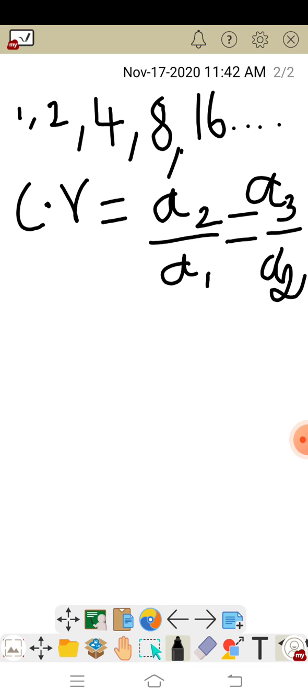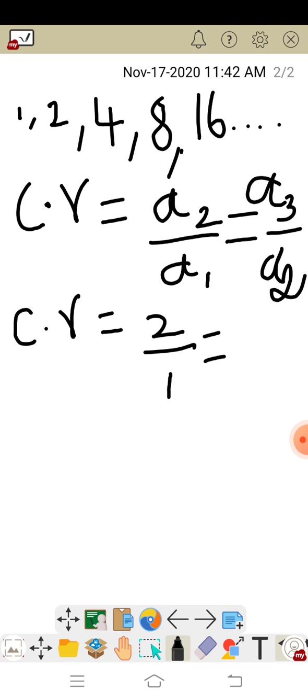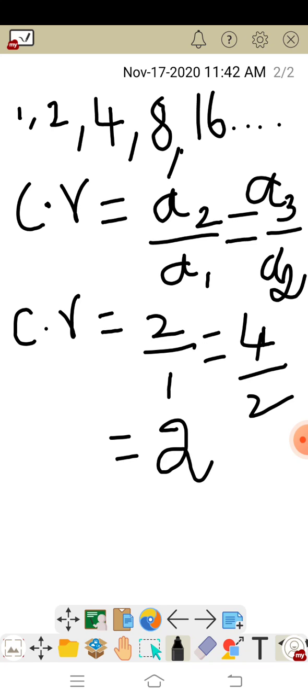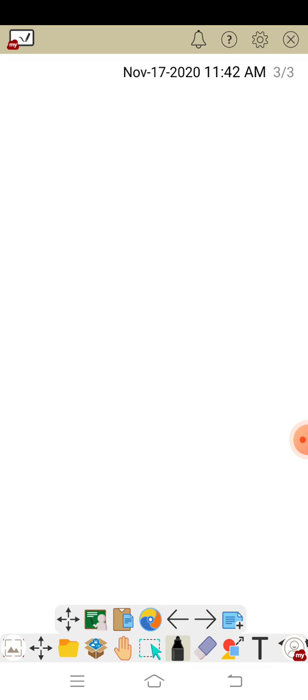For example, the common ratio CR is equal to 2 by 1, where the first term is A1, second term is A2, third term is A3, like that. Again 4 by 2. So in all the cases you are getting the common ratio as 2. So if there is a common ratio, then I can say that the given series is geometric progression.